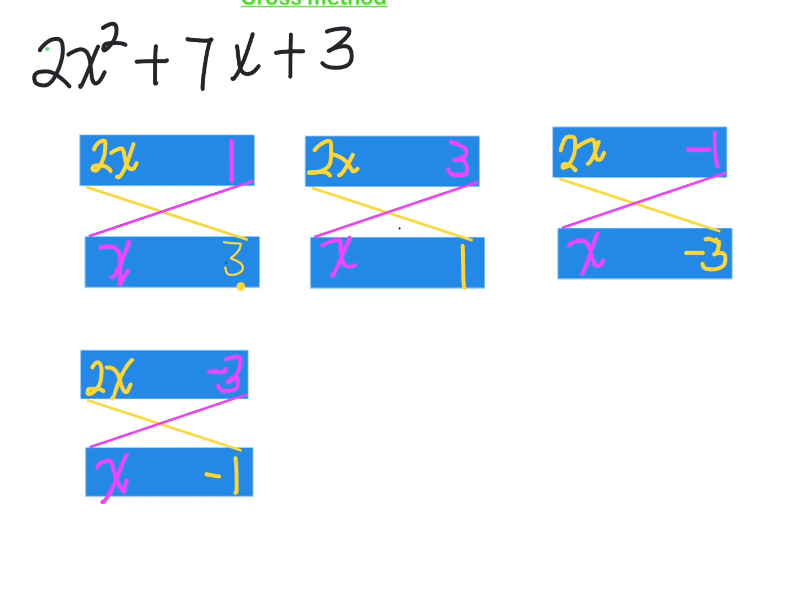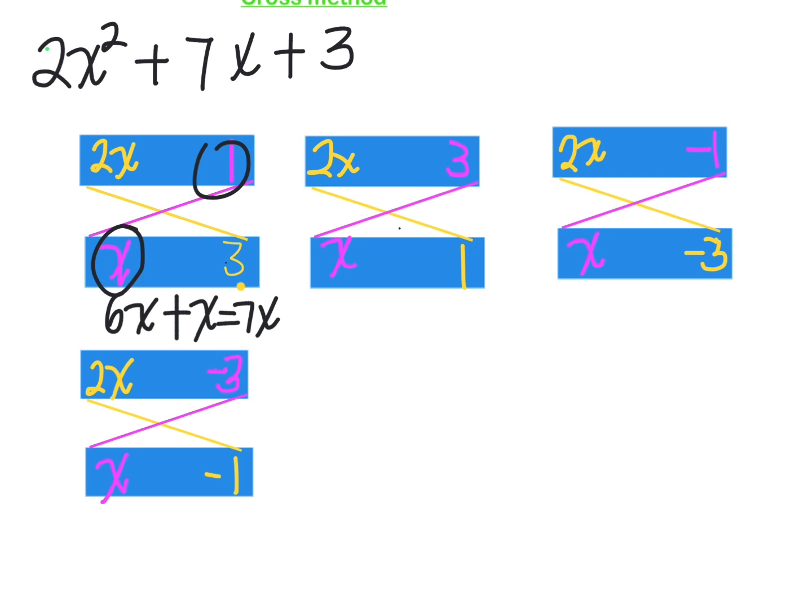We see where we get 7x. So we're going to have 2x times 3. That is going to be 6x, and then we're going to have x times 1. That's going to be x, and this gives us a 7x, which is exactly what we wanted there.